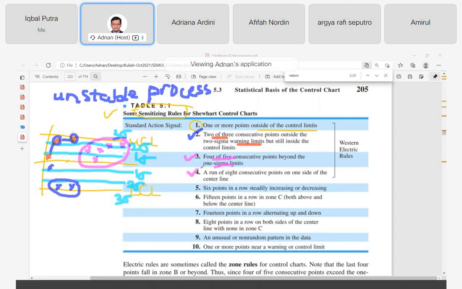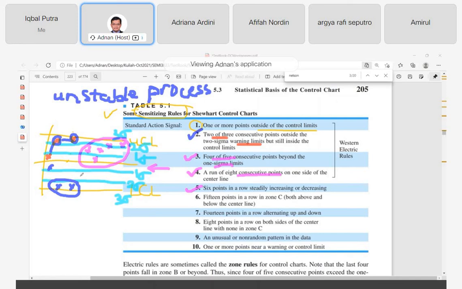Rule number 4: a run of 8 consecutive points on one side of the center. This is the center. If 8 points are one-sided, either on the upper side or the lower side, it is also considered unstable. Next, 6 points in a row steadily increasing or decreasing.